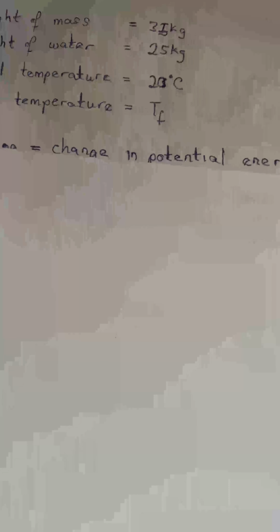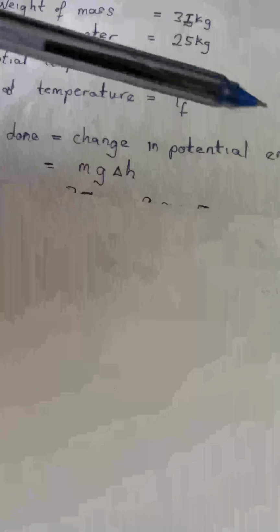The non-conducting then means that the boundary is adiabatic. That means there is no transfer of heat between the system and the surrounding. So in that case, the work done will be equal to the change in potential energy, because there is no transfer of heat.